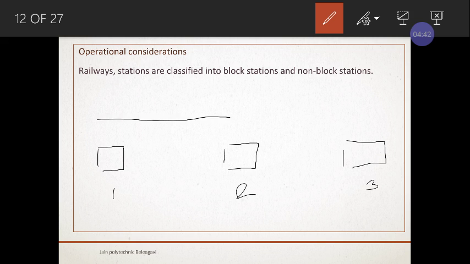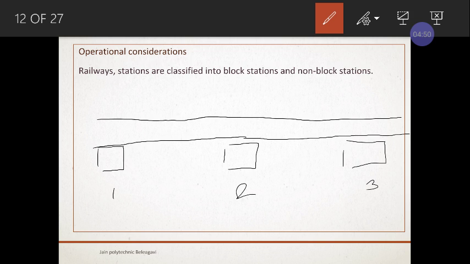This is a track which is moving in front of these stations of 3 different cities, city 1, 2 and 3. Now, as I told in the first part, the change of direction of the tracks is dealt with by the station masters who are in the stations.